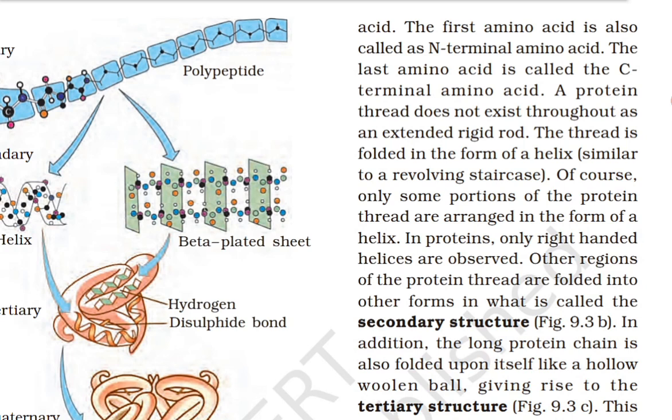Inorganic catalysts work at high temperature and high pressure, while enzymes get damaged at high temperature, say above 40 degrees Celsius. यहाँ से उठ के आ सकती है लाइन, या फिर मल्टीपल चॉइस क्वेश्चन में आ सकता है at a high temperature, that is above 40 degrees Celsius.